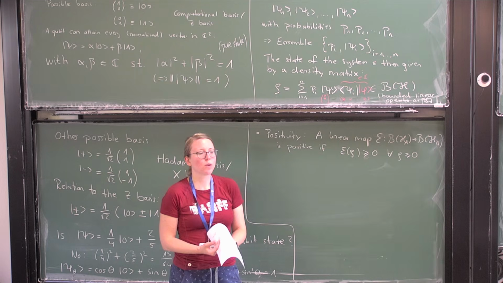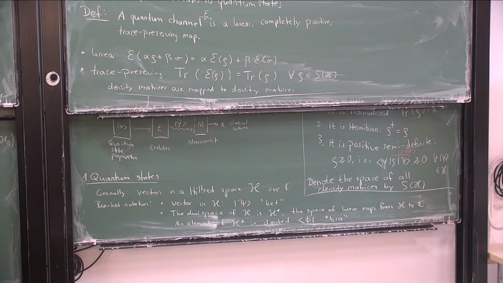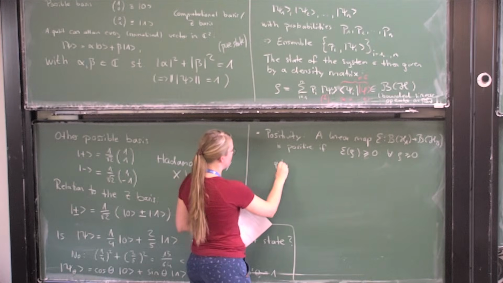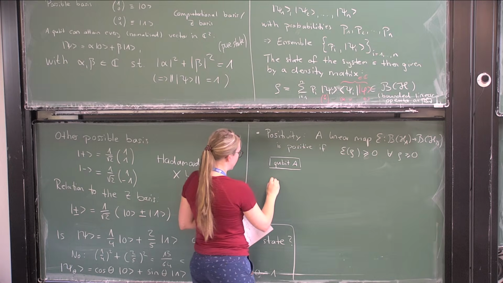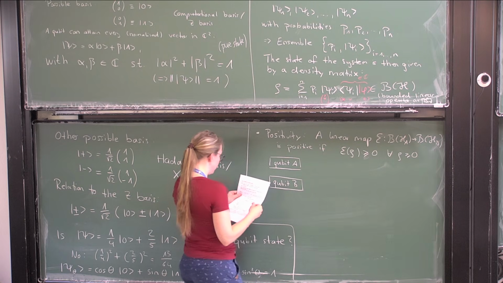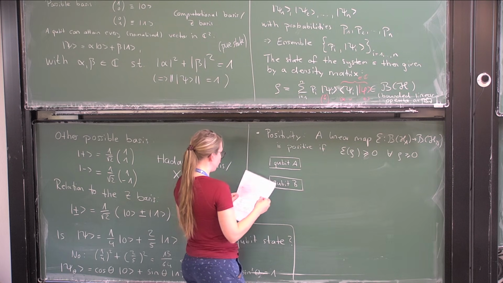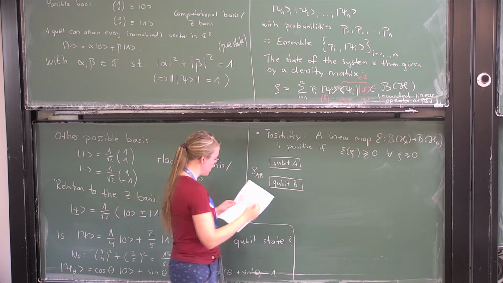So, operationally, what can happen? Let's say we have the following situation. We have qubit A and we have qubit B. There's some quantum state rho AB that describes them.